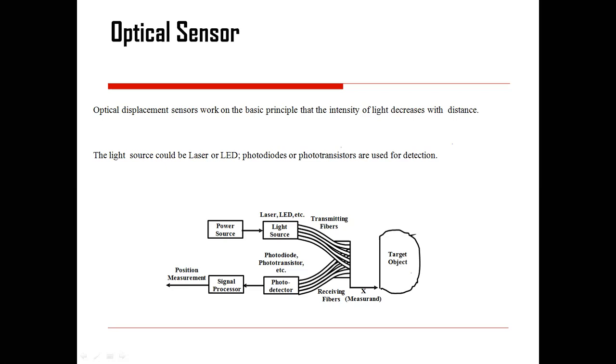And one example in recent days, as people are well aware of COVID-19, is that some dispensers have been designed and developed depending upon an IR sensor, an infrared light source.